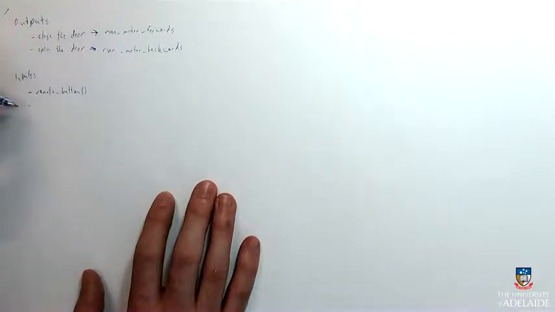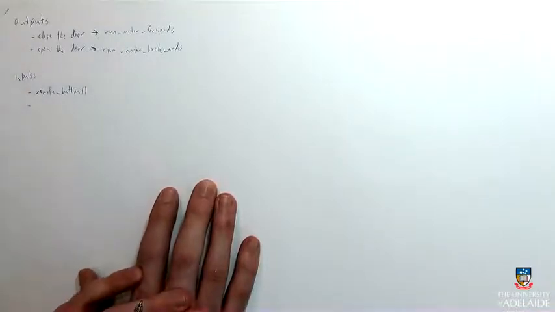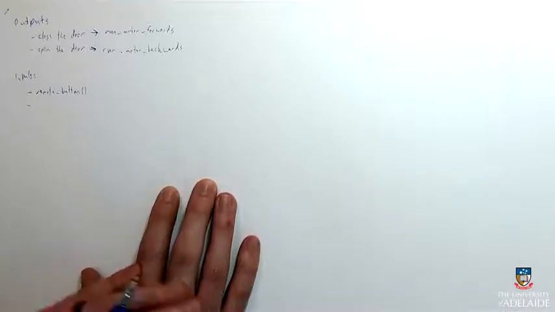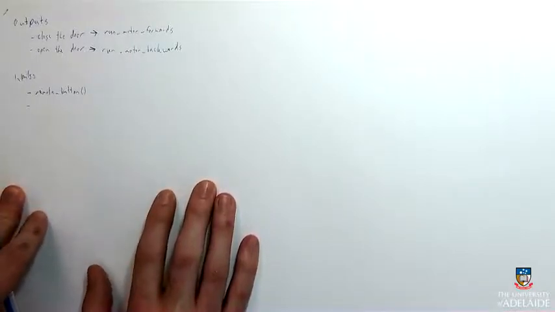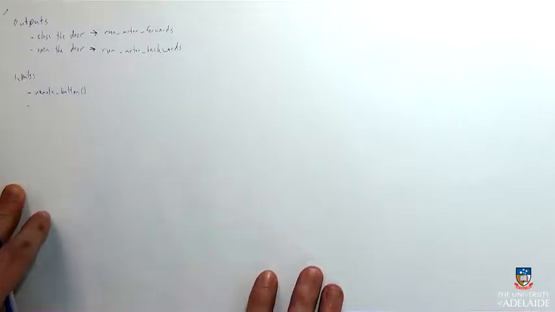The initial state where it automatically closes the door. Is that an input into the system? No. That's where we want to start the system, but that's not an input per se.